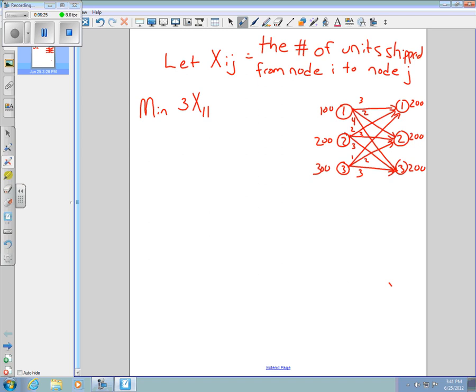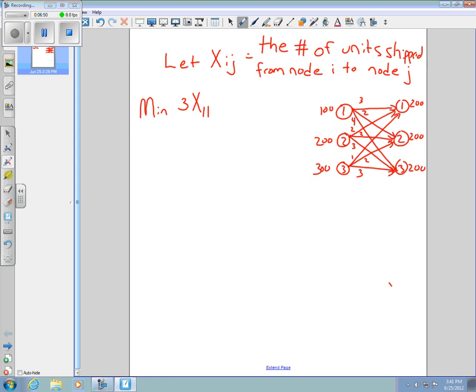So in this case, the i is the node on the left and the j is the node on the right. And let's say if x11 equals 10, what I'm saying is I'm going to ship 10 units from origin 1 to destination 1. And therefore 3 times 10 will be $30. So this 3x11, it's not 3 times 11, by the way. That's a mistake. People see that and think that.